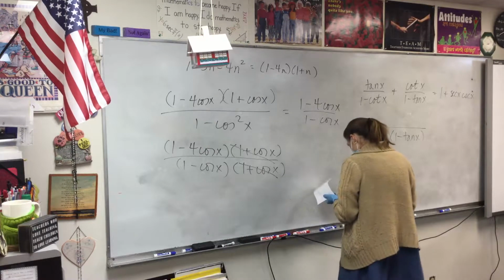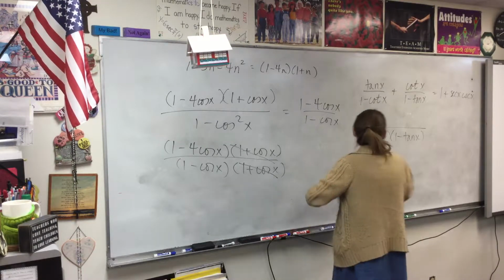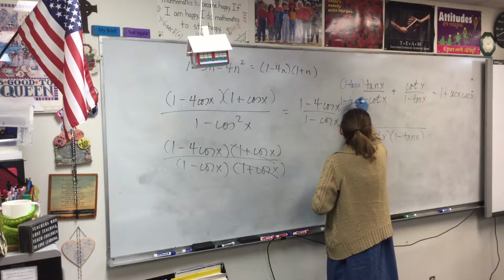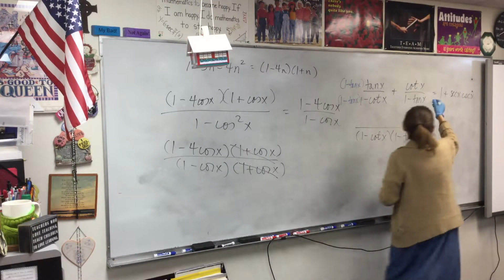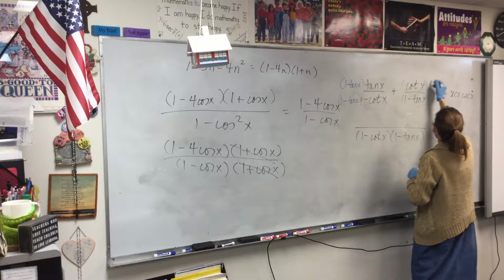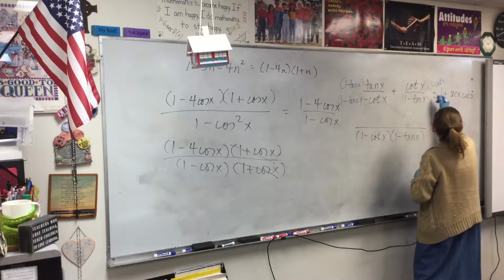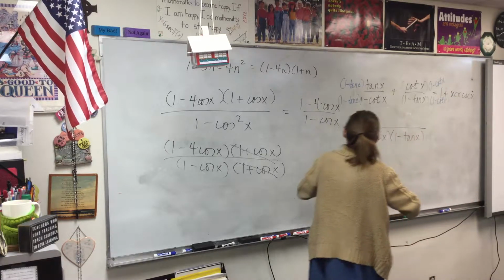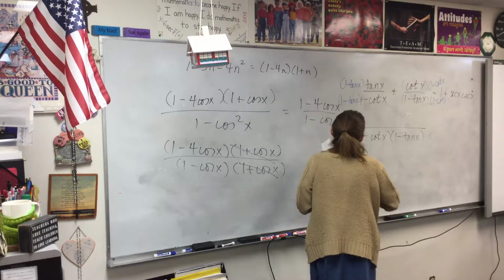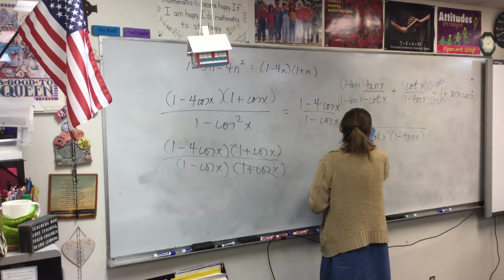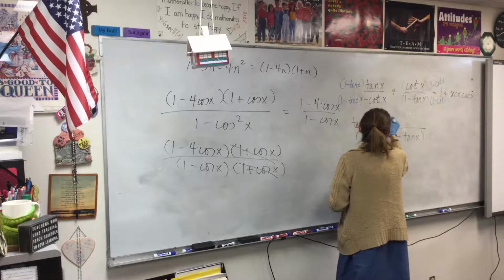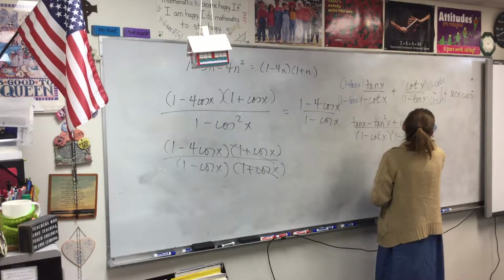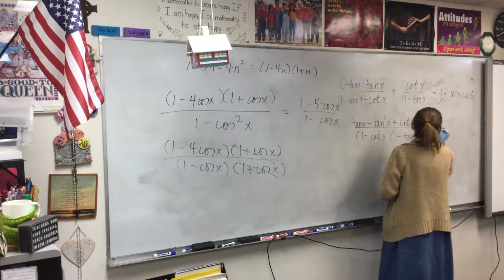So this one is going to need to be times by 1 minus tan. And this one is going to need to be times by 1 minus cosine. So when I write down my numerator, this is going to be tan minus tan squared plus cotan minus cotan squared.